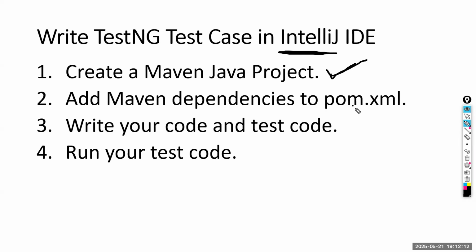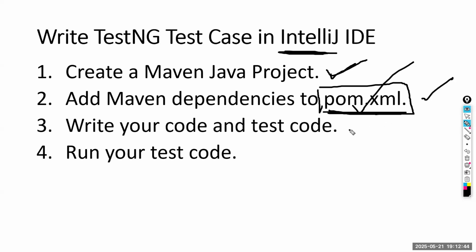Then we are going to add dependencies for TestNG jar files, because when you write TestNG unit test cases, you are referring to some classes in the TestNG framework. Those classes are in jar files. In order to get those jar files into your project, you need to change pom.xml, which is a standard dependency management file when we use the Maven build system for Java. That is our step number 2.